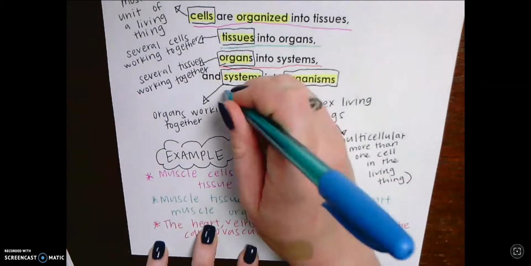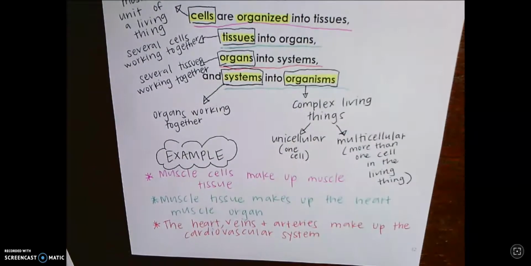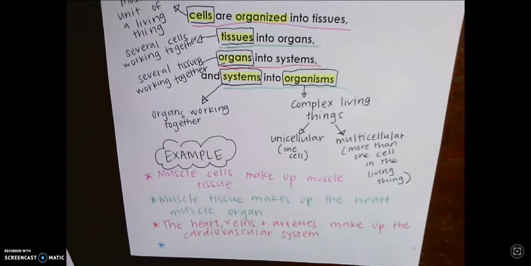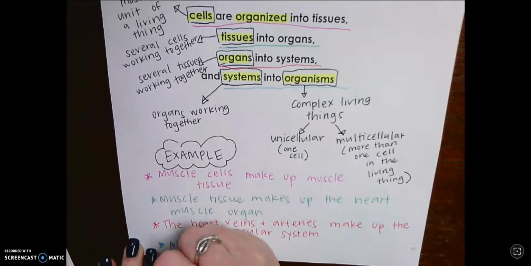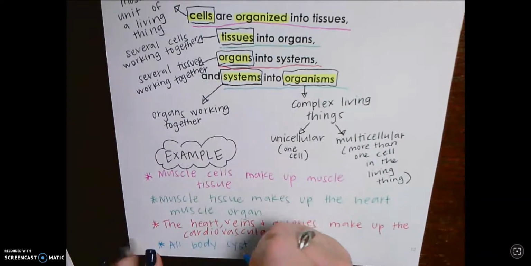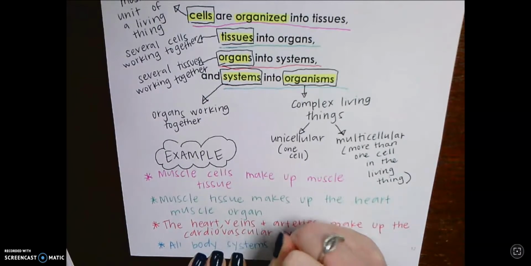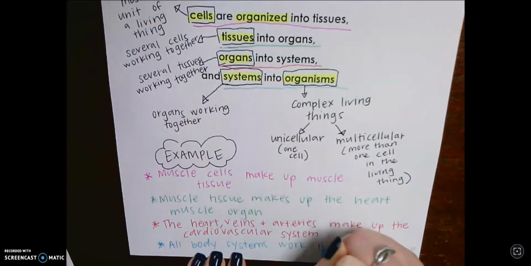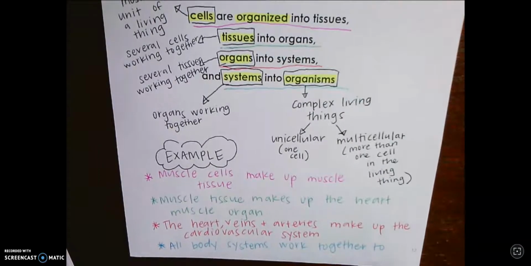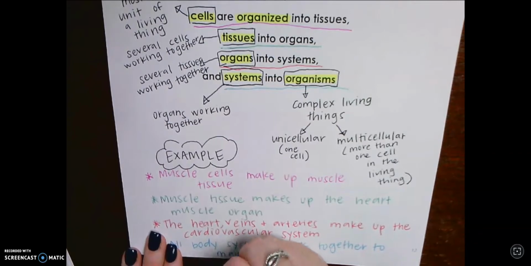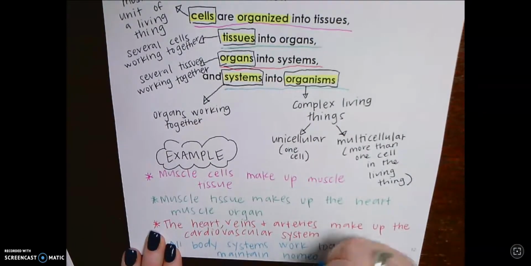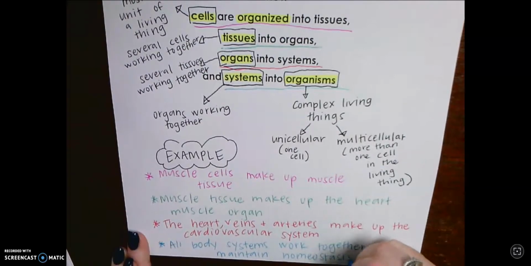And then I'm going to use my last pen, the blue one, and I'm going to underline systems to organisms. I'll put a little star down here, and I'm going to write all body systems work together to maintain, and I bet you can guess the word I'm going to say, homeostasis.